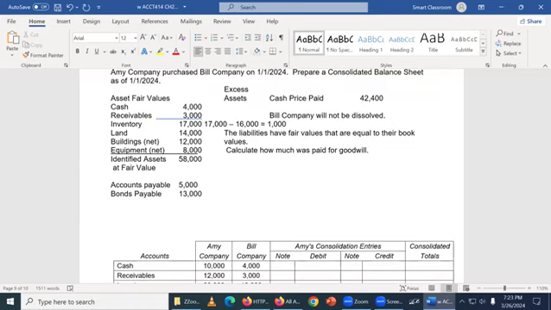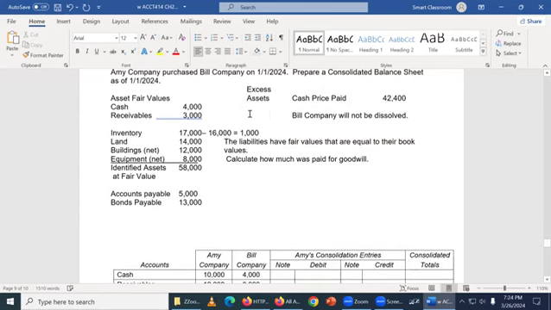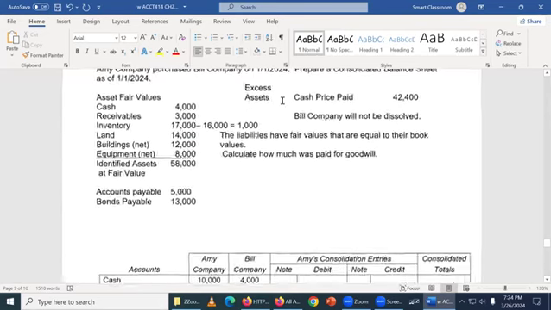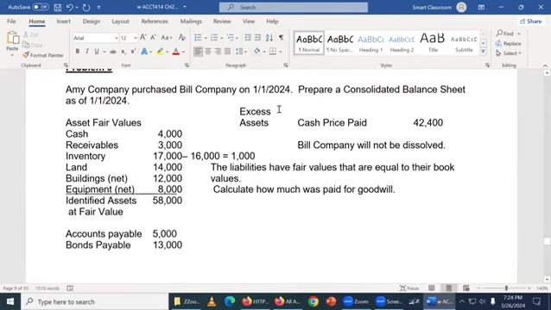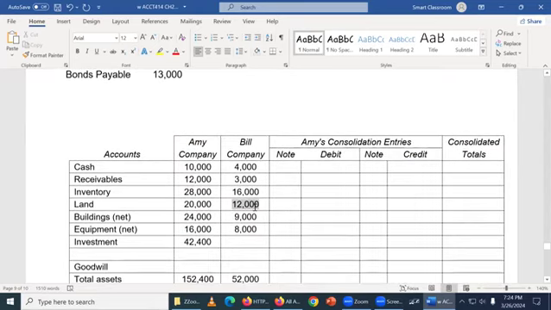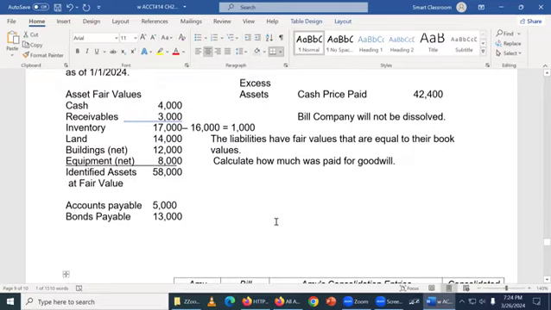Is this how you did this? Land's on the books for 14,000. It's on the books for 12,000 here.